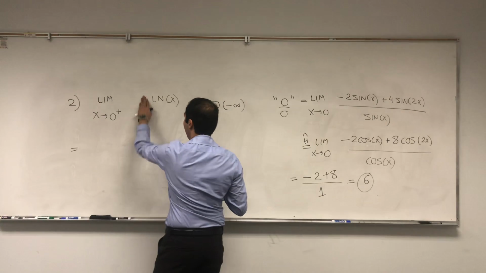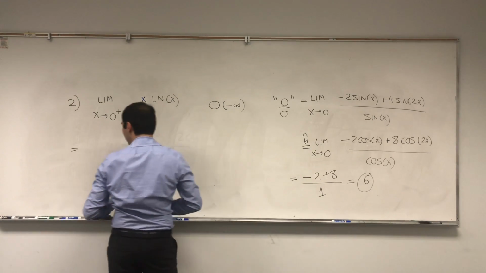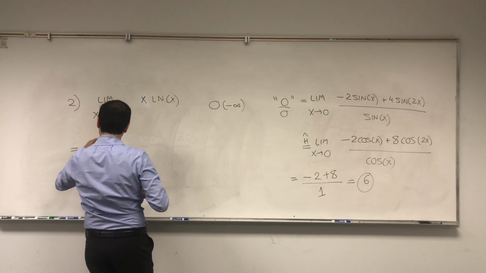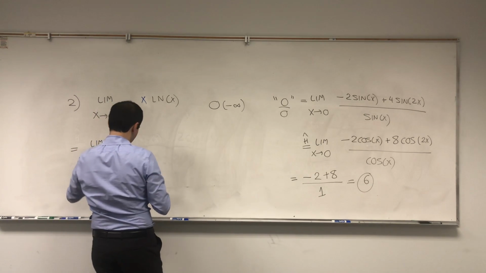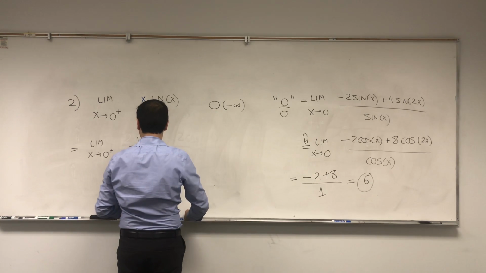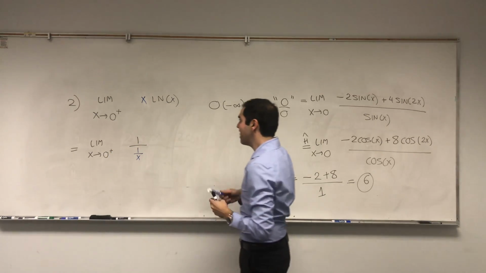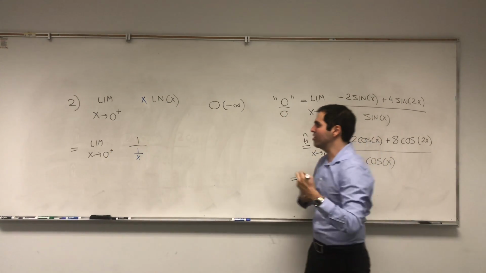Instead of having x, write this as 1 over 1 over x. The reason being, that way you transform it into a fraction.